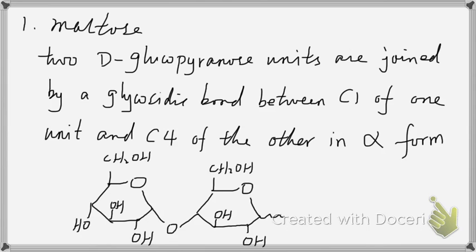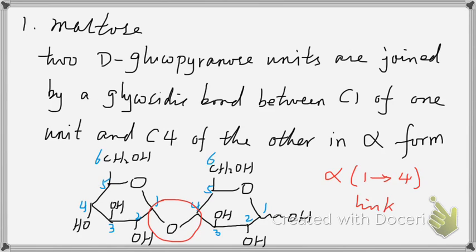The first unit, carbon 1 is in the alpha form, so the O on carbon 1 is pointing down, and it forms an acetal linkage with the OH on carbon 4 of the second unit.